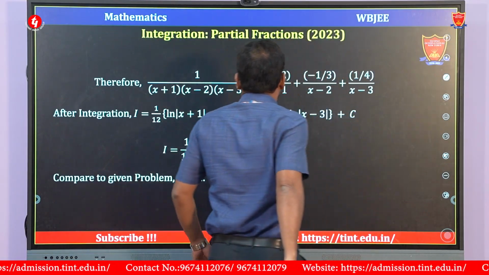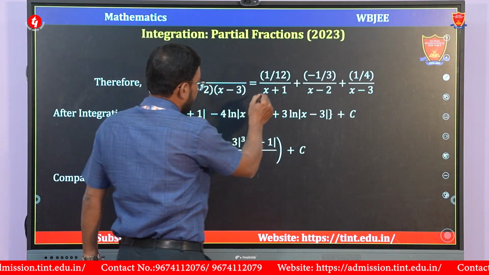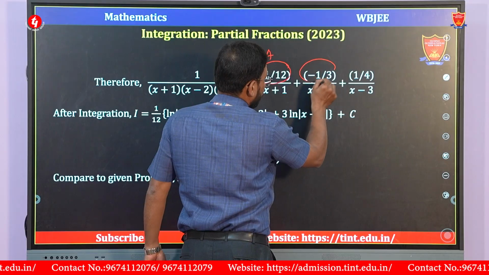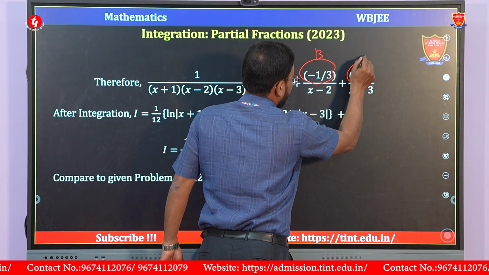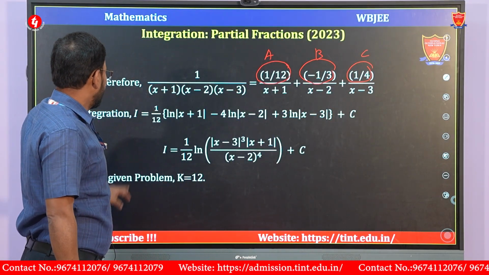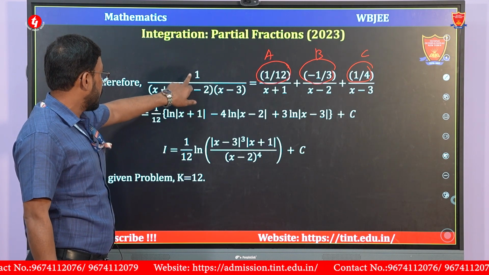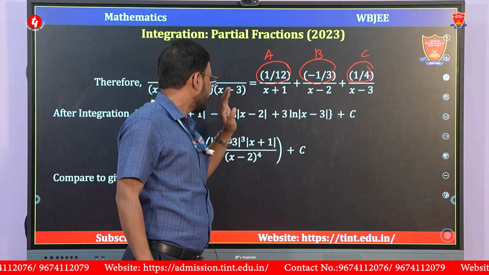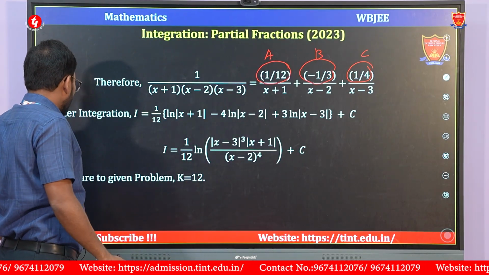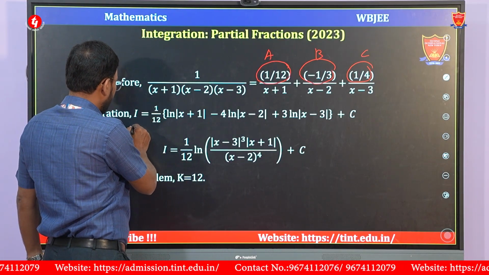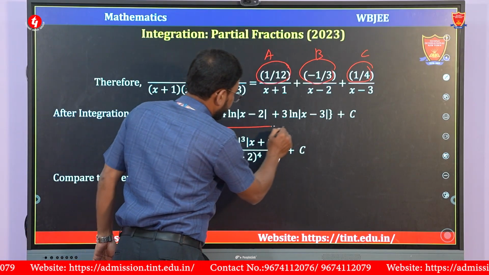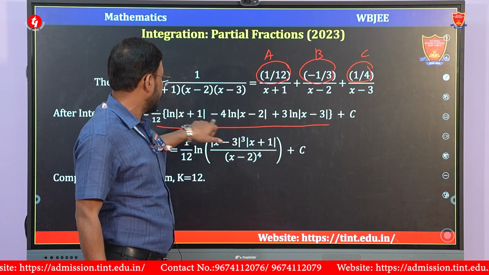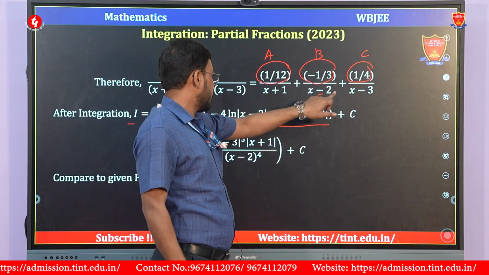Now, after solving, you will get a is 1 by 12, b is 1 by 3 and c is 1 by 4. Okay. So, this is your partial fraction of 1 by x plus 1 into x minus 2 into x minus 3, which is in this form. So, now after integration, you will get I as this. You know 1 by 12 integration of 1 by x plus 1 means log of x plus 1, similarly others. Okay.